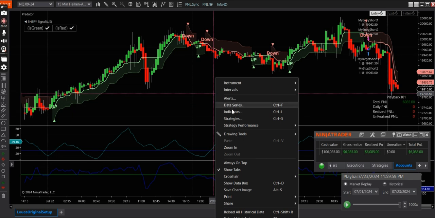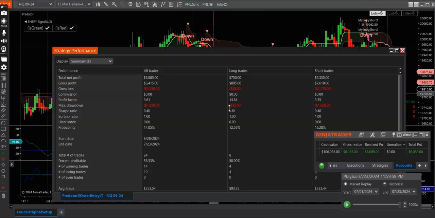If I go into the strategy performance here, in real time, you can see my total net profit is $6,085, gross profit $8,400, and gross loss $2,330. And the profit factor is 3.61, which is pretty good.